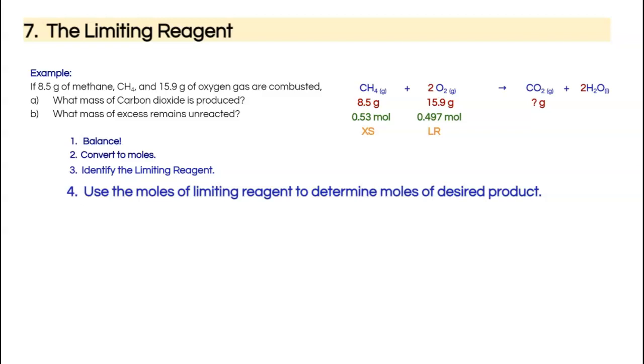Okay, so I know that I have 0.497 moles of O2, but I don't want moles of O2. I want to know, well, what is the corresponding proportional amount of CO2? So I'm going to cancel out my moles of O2. And I know that I have 2 moles of O2 used for every 1 mole of CO2 that is produced.